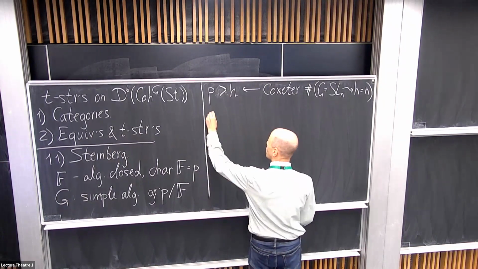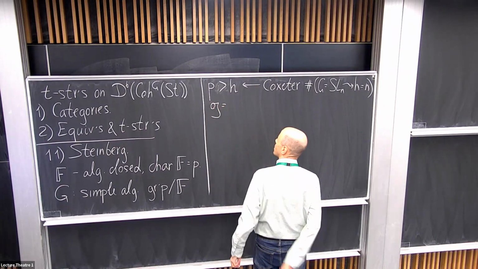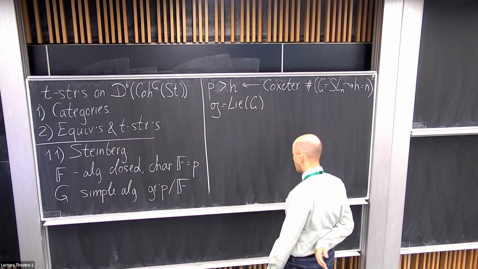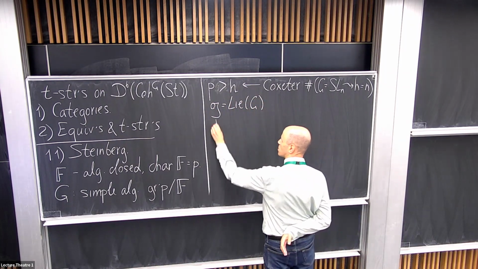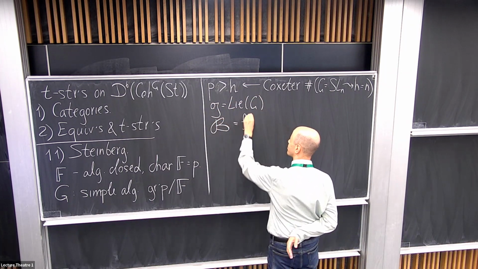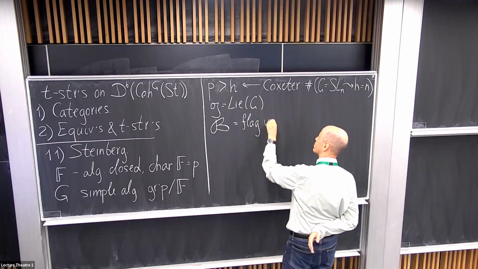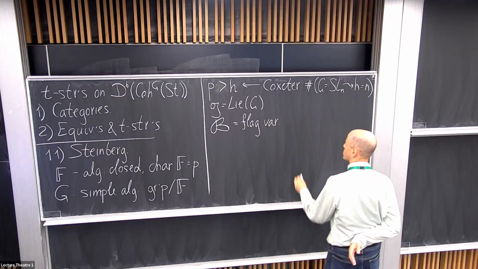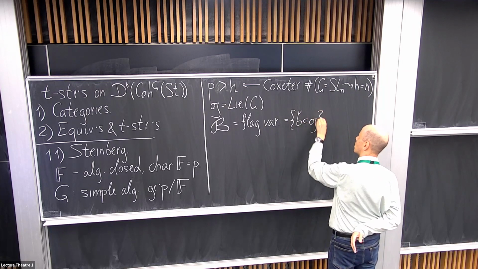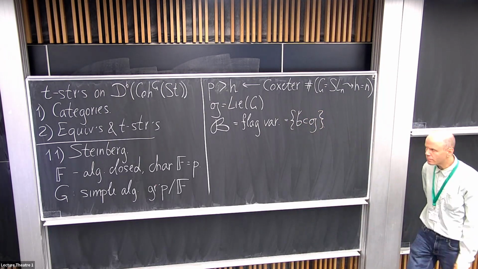So now, of course, small g is going to be the Lie algebra of G. And I want to consider the flag variety, which I will denote by curly B, and I can think about this as Borel subalgebras inside of g.